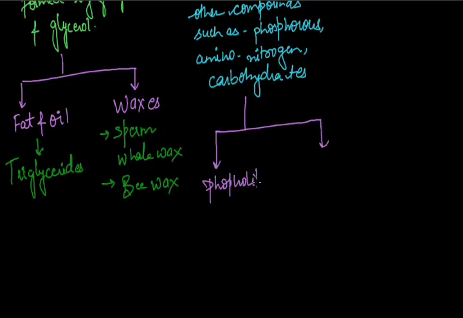Phospholipid. Here a phosphate group is ligated with a lipid. For example, lecithin, cephalin. Next is sphingomyelin.